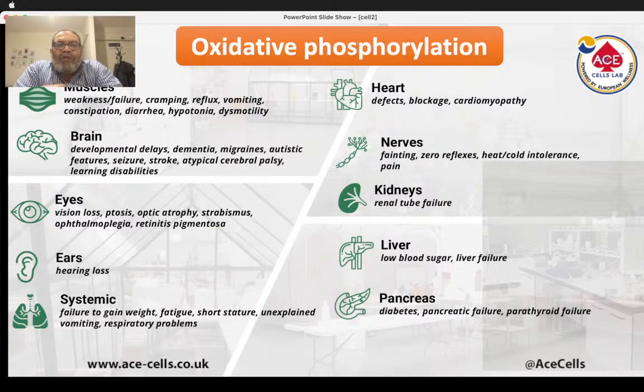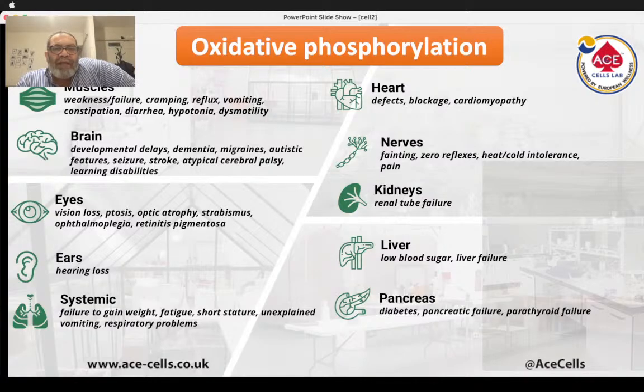And as I promised you before, the clinical importance of any organelle is the subject which we discuss here. So on the level of the muscles, we will have muscle weakness, cramping, reflux, vomiting, constipation, diarrhea, hypotonia, dysmotility. These muscles are of different types, either skeletal muscle or cardiac muscle or smooth muscles.